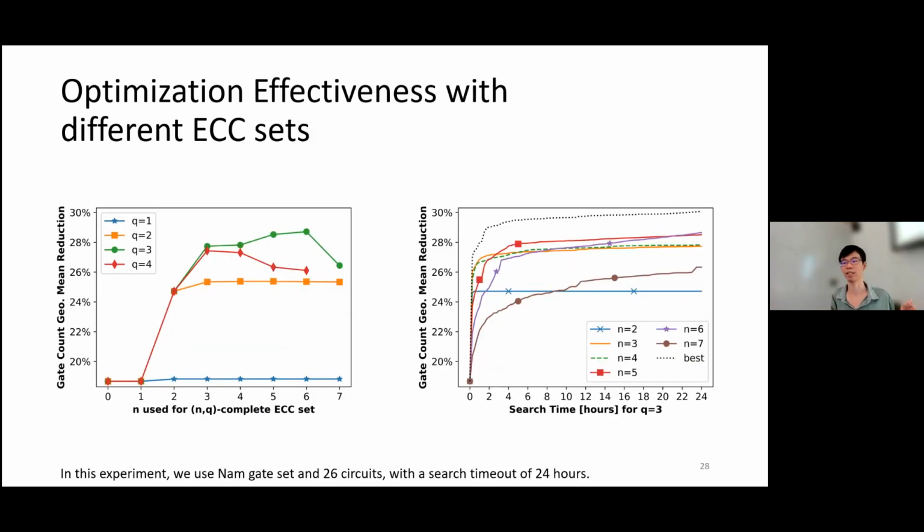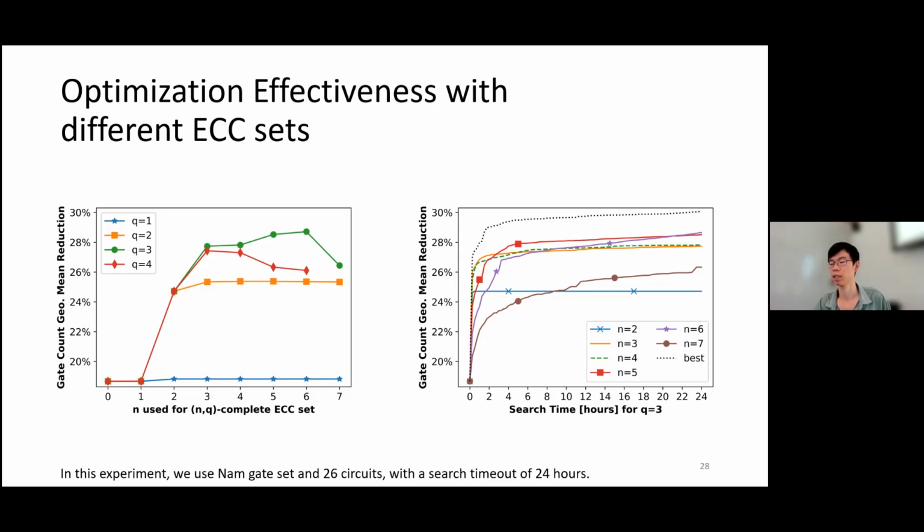In the best curve, each data point corresponds to a time where we pick the best n for each circuit, so each circuit can have a different n, and we report the geometric mean of that. After the second hour, it is different for all, from 2 to 7.